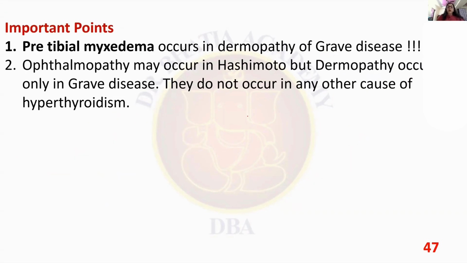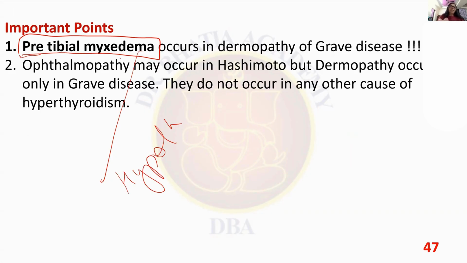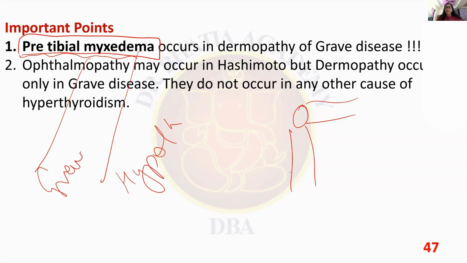Now, when you talk of certain terms like pretibial myxedema, this is a misnomer. Myxedema is a condition of hypothyroidism, but pretibial myxedema is a condition seen in Graves' disease. So the skin changes of Graves' disease, you will find in the front of the shin in your leg, some edema. So there is pretibial edema.